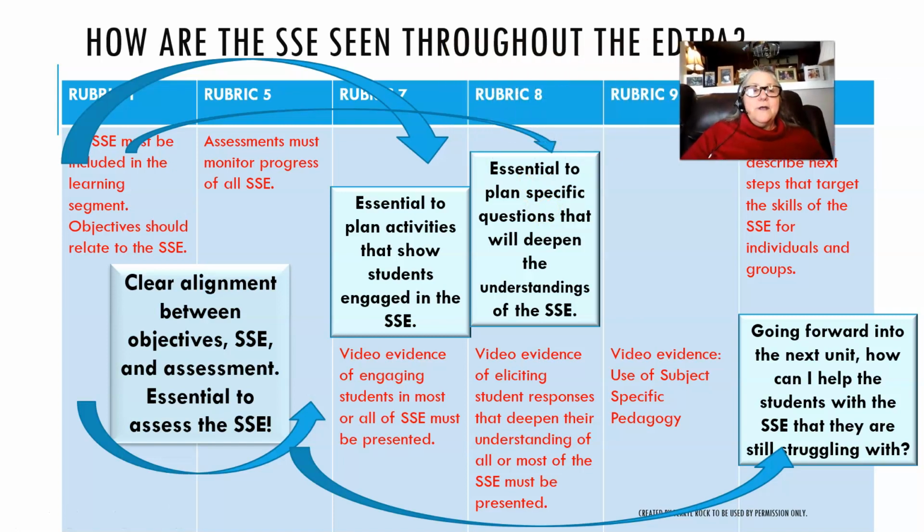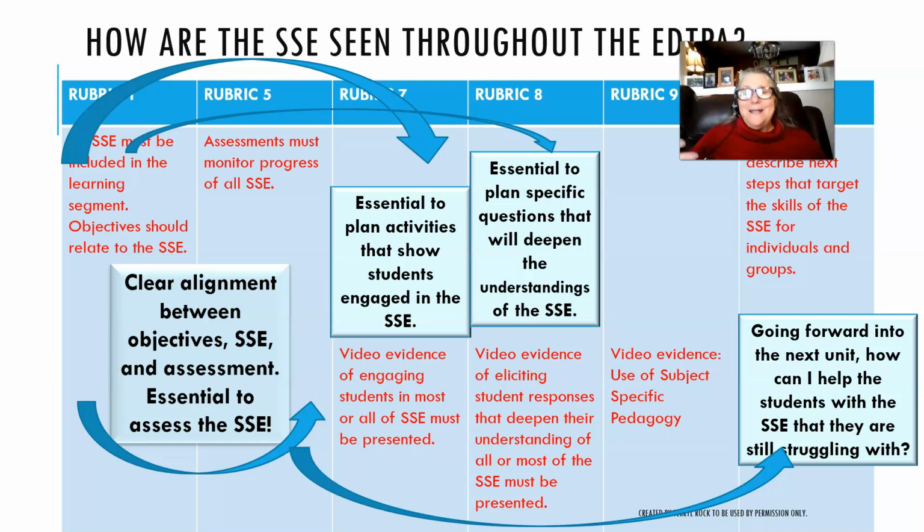Also, Rubric 1 sets us up for success in Rubric 8, because if you are thinking about your lessons and how your objectives relate to the SSE, it's very essential to plan specific questions that are going to deepen the understandings of the subject-specific emphasis. So your video evidence will need to be of you eliciting student responses.